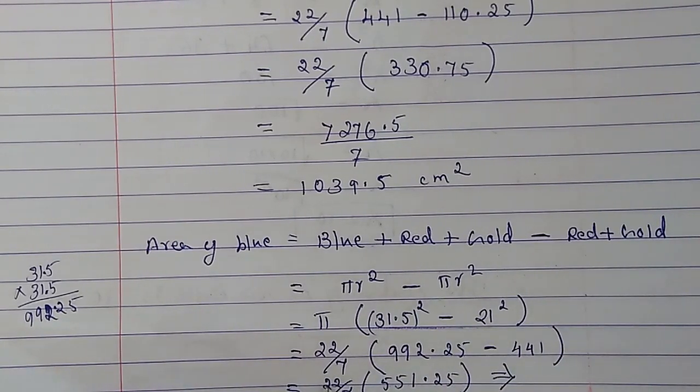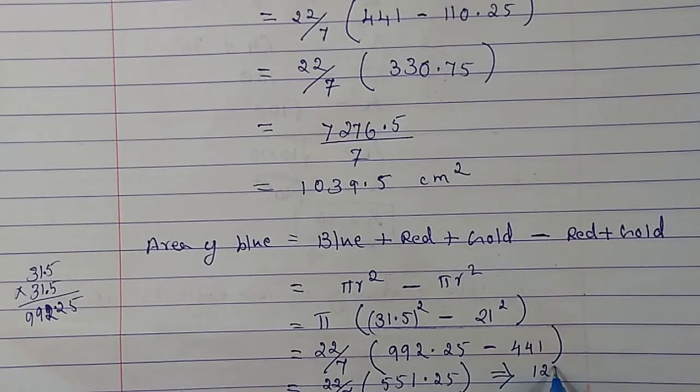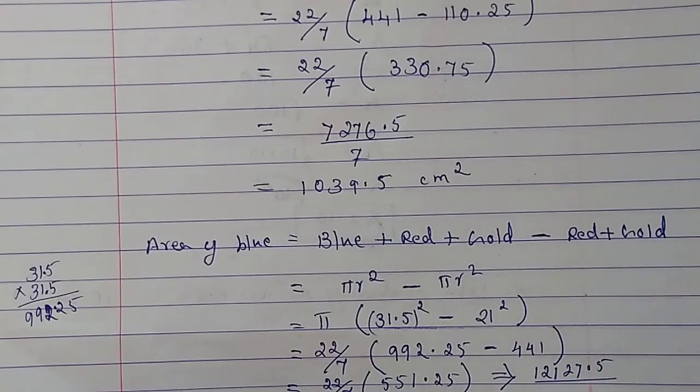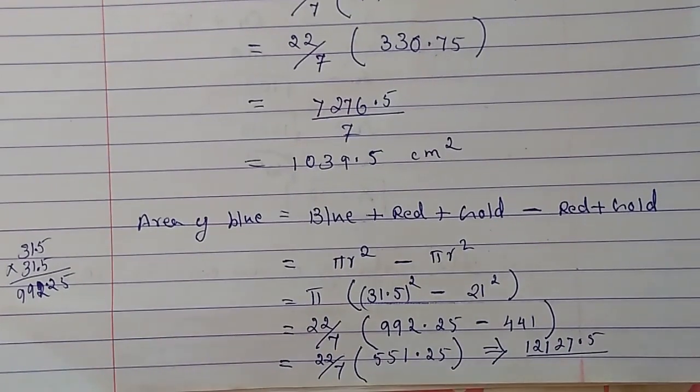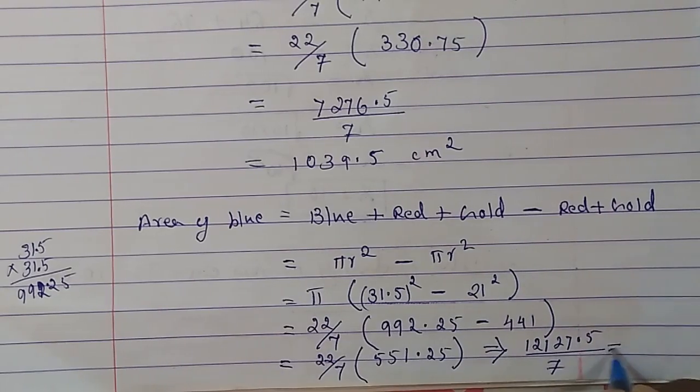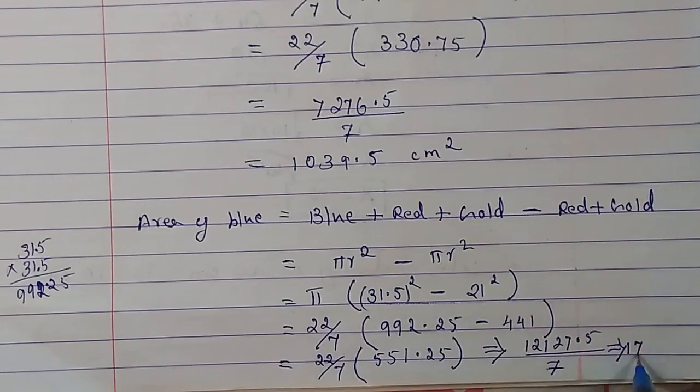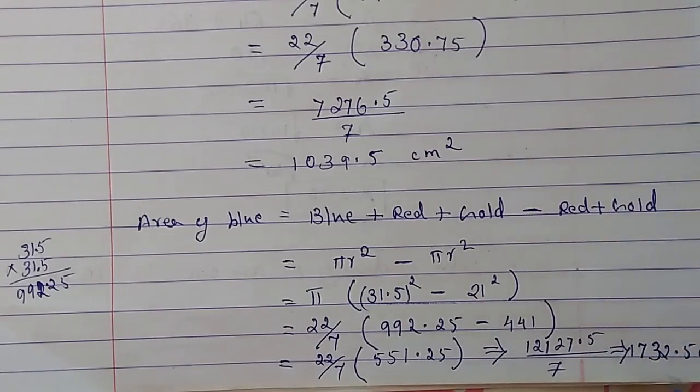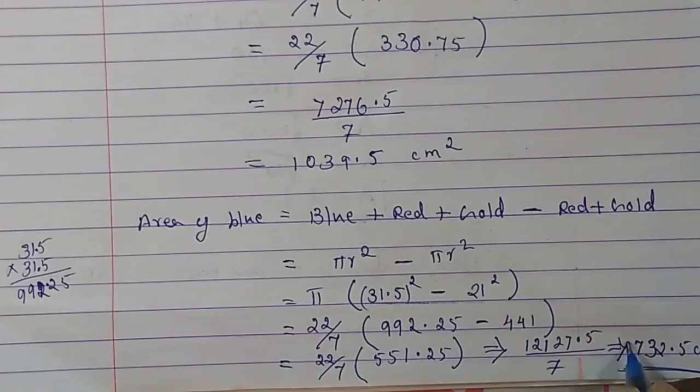Now multiply the whole thing with 22, you will get 12127.5, then divide by 7. So what will you get? You will get 1732.5 centimeter square.